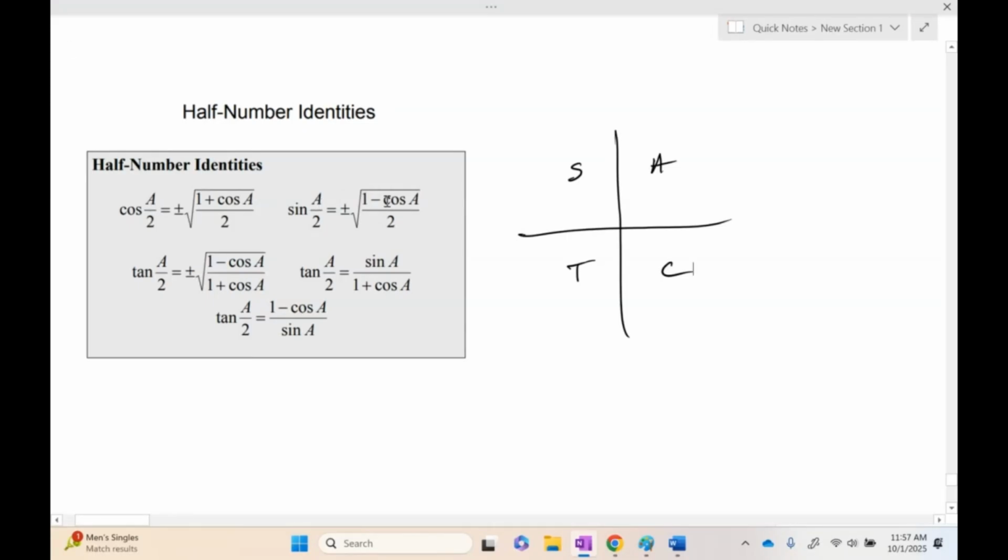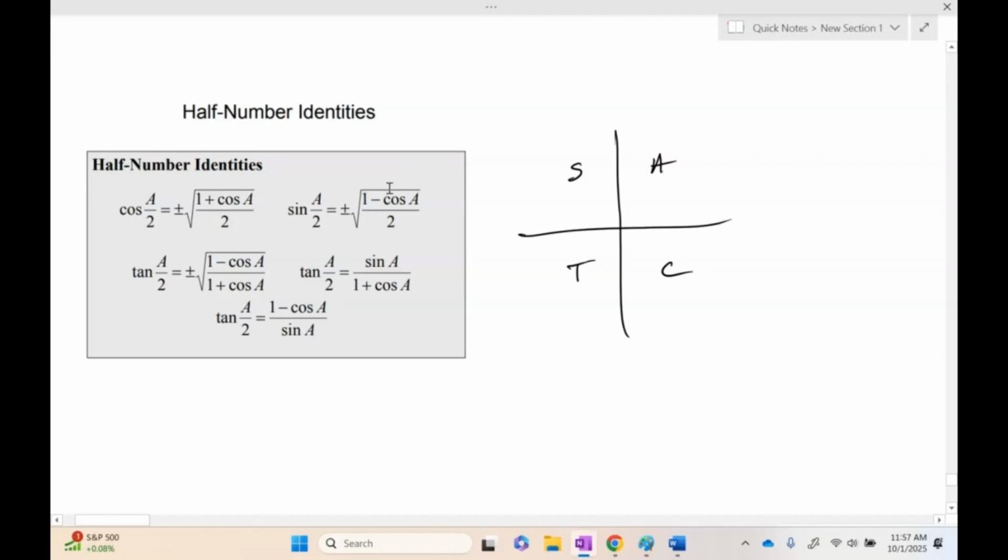So for these first 3, you got to kind of figure them out. But in these last 2 for tangent, notice they don't come with a plus or a minus. Whenever you substitute in those values, the plus or the minus will come out when you substitute. But be mindful that these formulas, especially the cosine and the sine, they carry a plus or a minus. So we're going to see how that works.